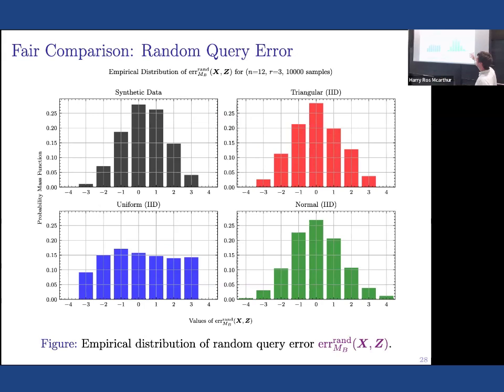As you can see, the amount of error, which is on the horizontal axis, is roughly the same. The synthetic data mechanism is black. The colored ones are the approach that the ABS uses, or that we're comparing against. You can see that they're relatively comparable when I implement them with triangular noise, normal noise, or uniform noise.